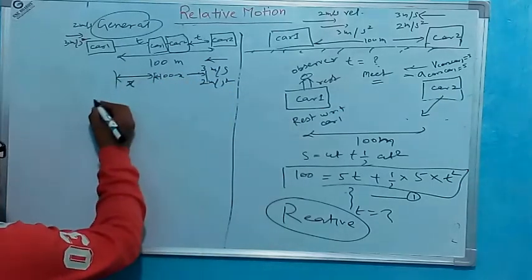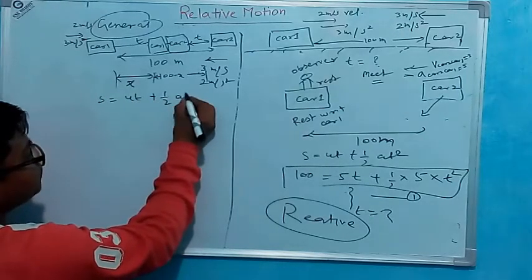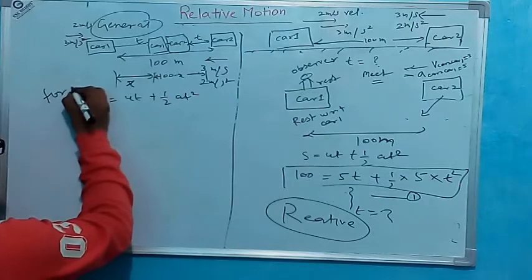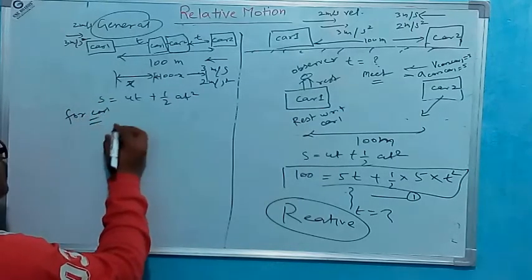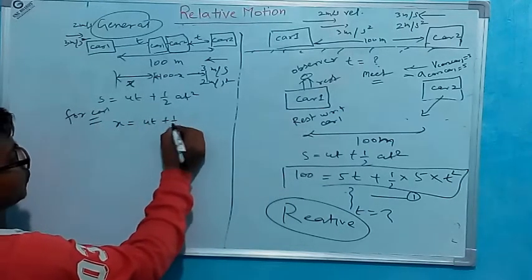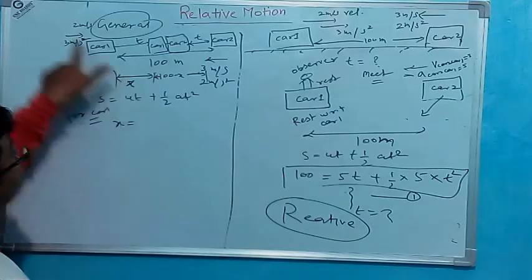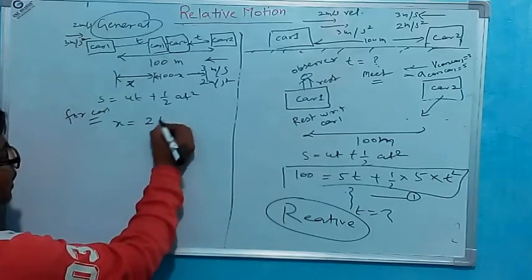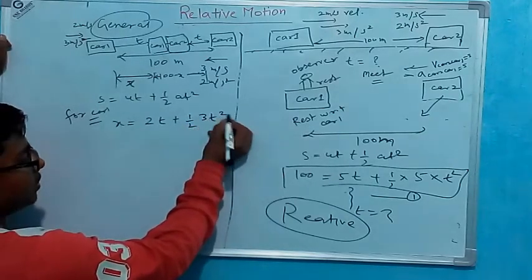So we can easily use here s is equal to ut plus half at square. For car 1, s is equal to ut plus half at square, where u is 2, so 2t plus half of 3 t square.